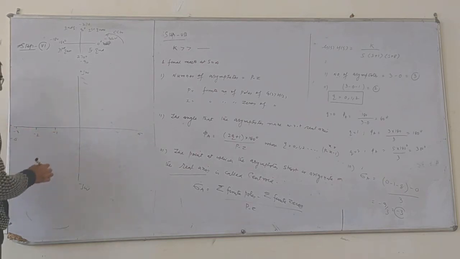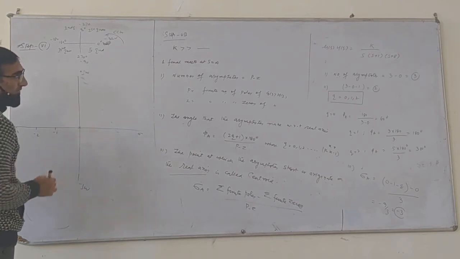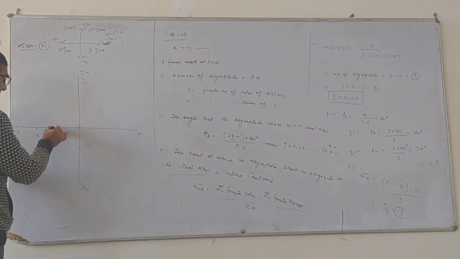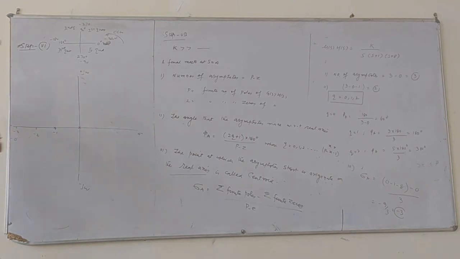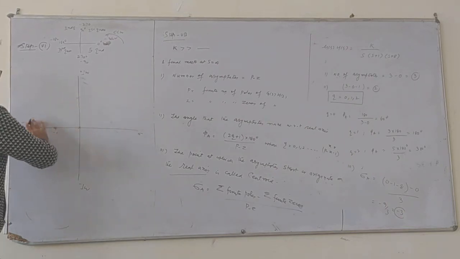Okay, fine. So we have the pole at origin, then we have -1, then we have -8. So we don't need to locate that, we have to see the centroid. The centroid is -3. So first, the asymptote from the centroid has an angle of 60 degrees, like this.